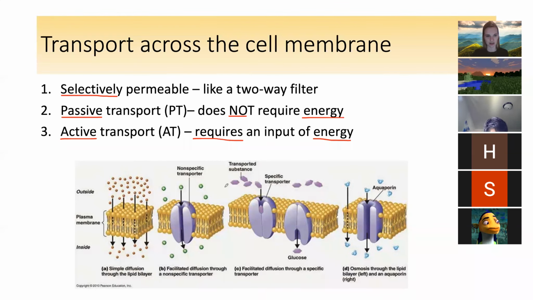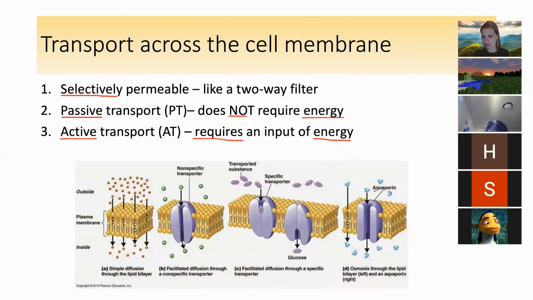All right, so down here I just have an image kind of showing us some of these different transport mechanisms. All of the ones I'm showing down here are passive transport mechanisms. So here we just have some simple diffusion where stuff is able to just pass through the membrane. So this would be things like oxygen and carbon dioxide. Over here, we've got these special proteins, and we're going to talk about each of these, that allow specific molecules to come through.